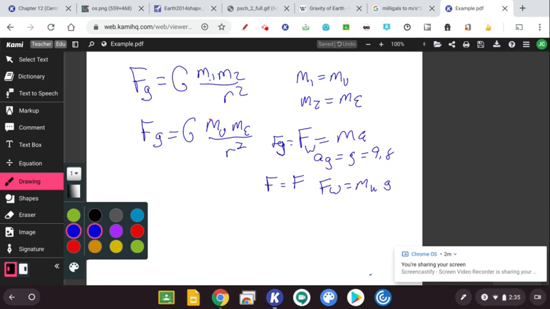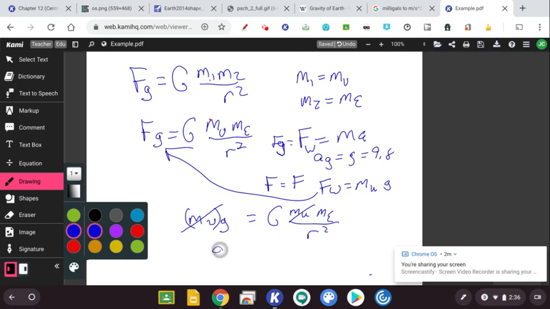Setting these two concepts equal to each other, the mass of you times g is equal to big G, the mass of you, times the mass of the Earth divided by r squared. And immediately we can see the mass of you cancels out.